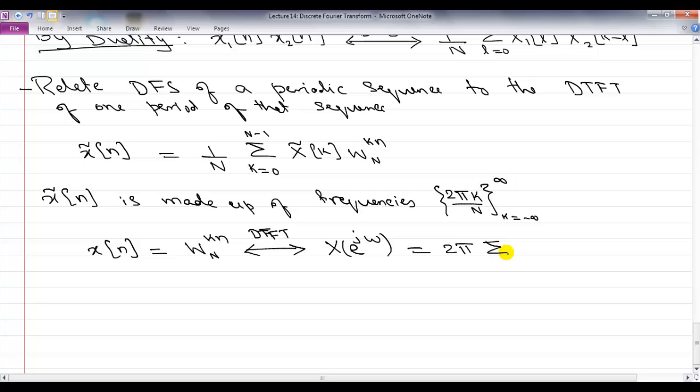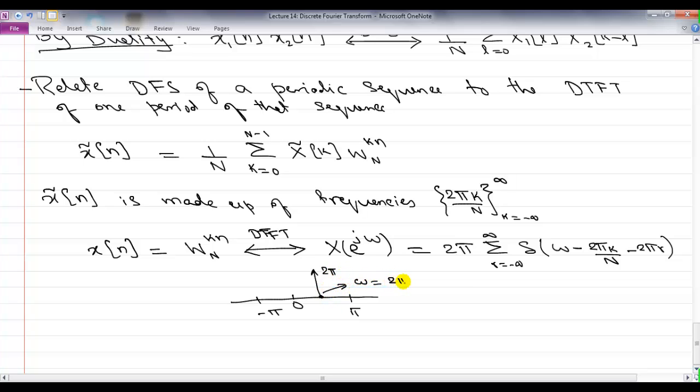So it is the summation of delta of omega minus 2 pi k over N minus 2 pi r. If I plot its DTFT, looking only at minus pi to pi, I will have one impulse of height 2 pi, located at little omega equal to 2 pi k over N.